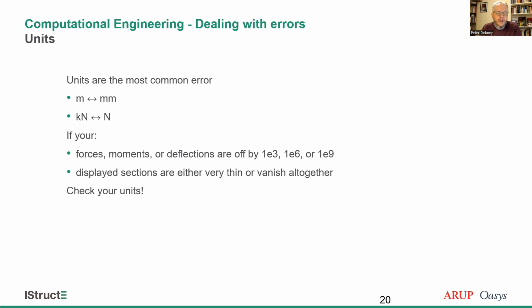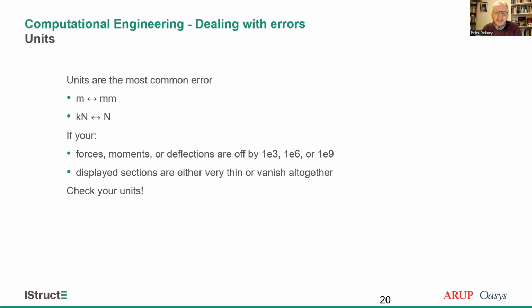Yeah, your beam or bridge has deflected by kilometers rather than millimeters. You've got the units wrong somewhere. Could be in the dimensions of the model, could be in the loading, could be in the sections, you name it.